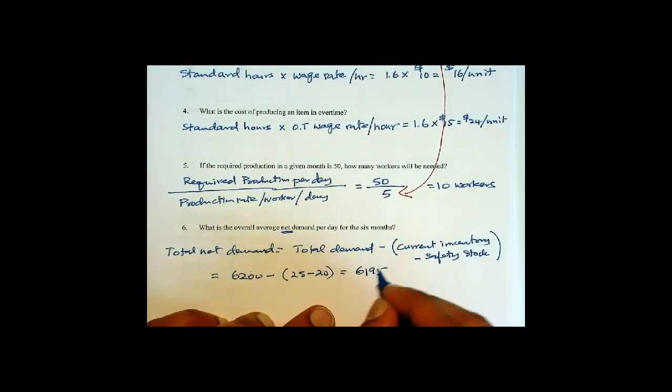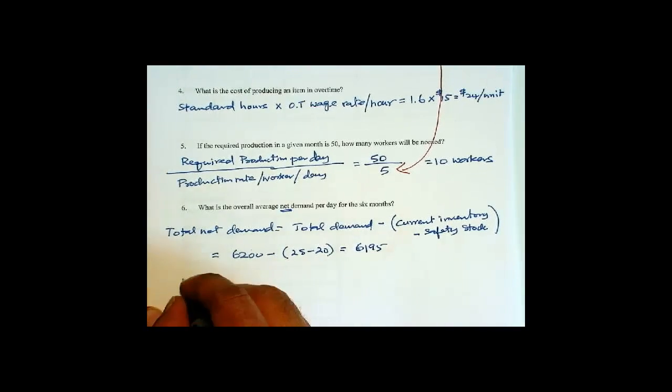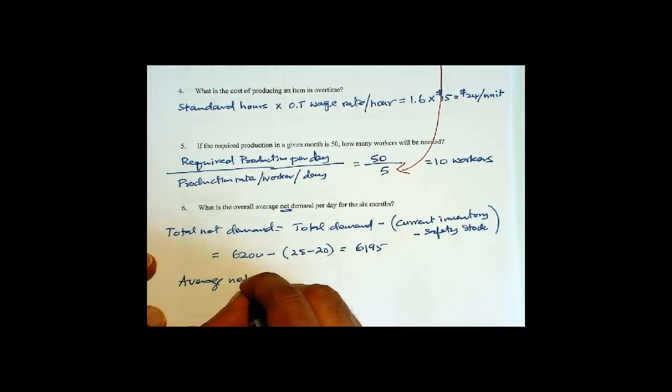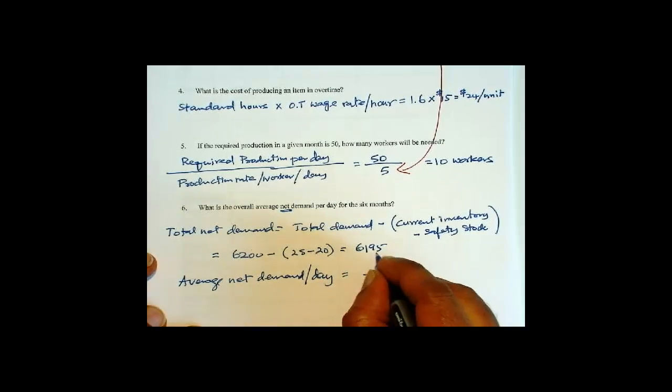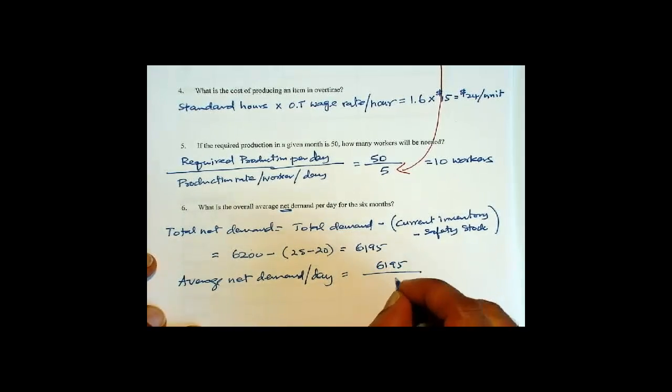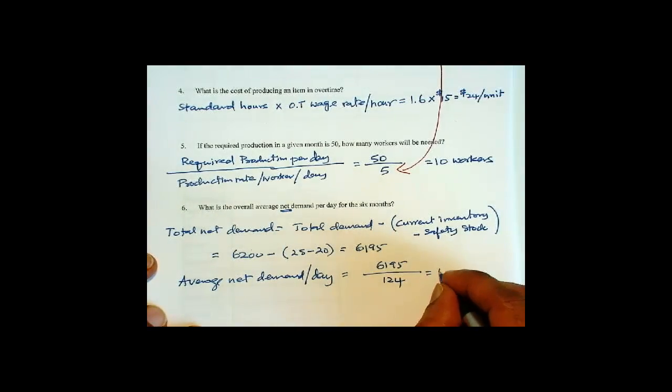So that's our net demand. So average net demand per day is 6195 divided by 124 days, which is equal to 49.95 per day.